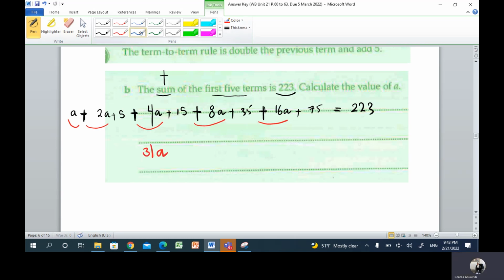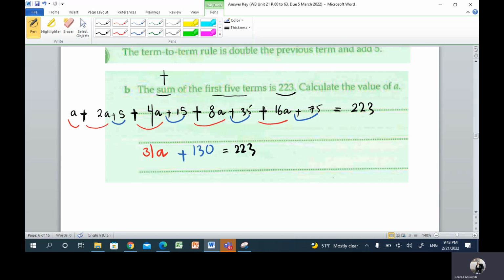And then 5 plus 15 plus 35 plus 75 will come down to plus 130, which is equal to 223.